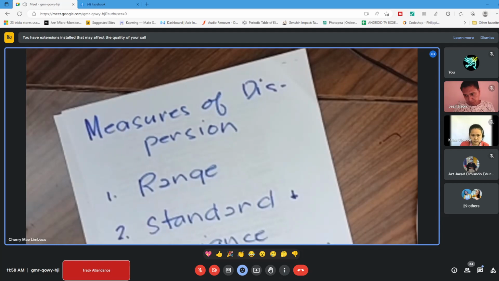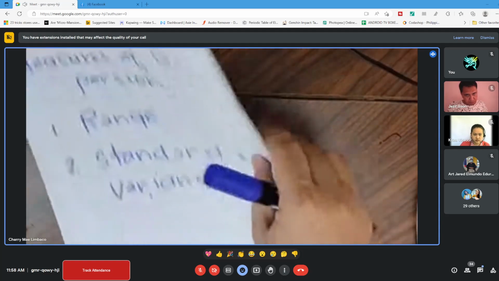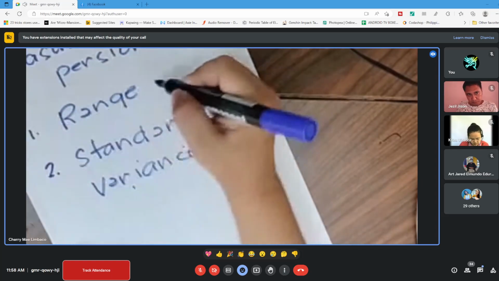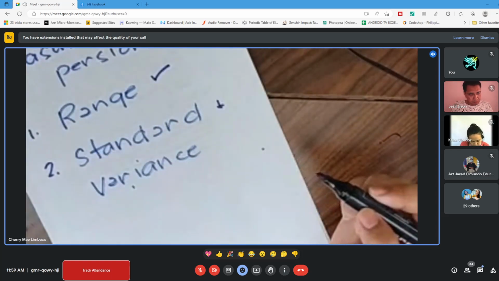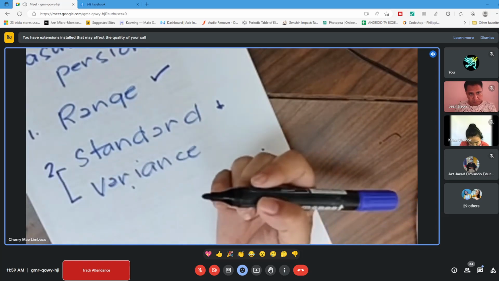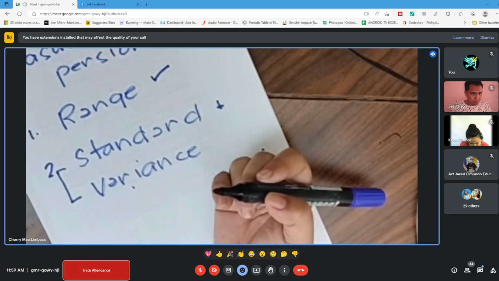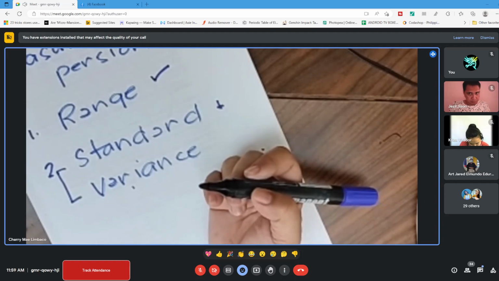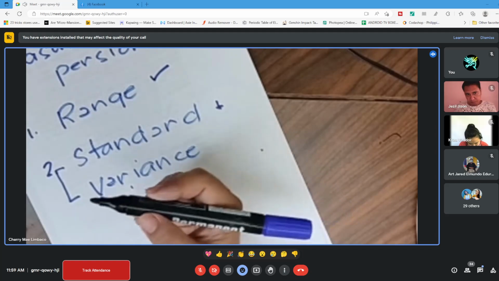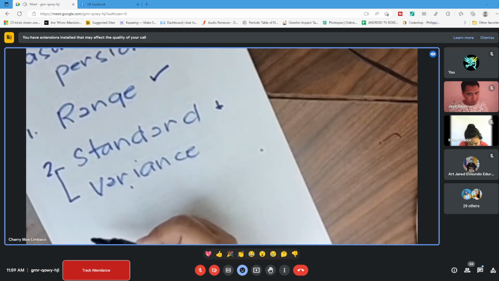Now, there are two kinds. We no longer have a problem with range because we have discussed this already. We will now focus our discussion on standard deviation and variance.